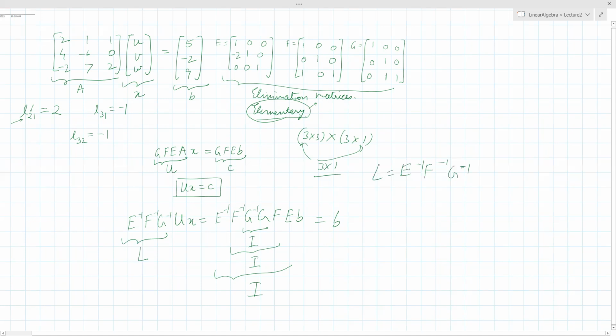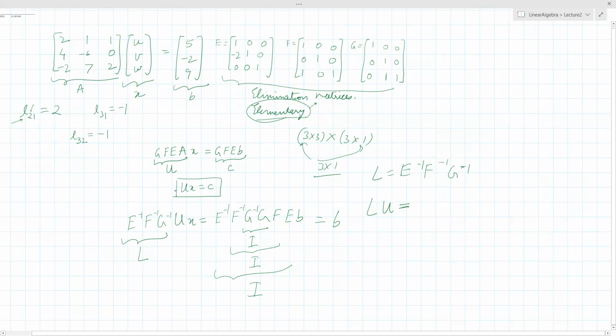So what about LU? What does multiplication of LU give you? Remember the definition of U. No, it won't give you 0. Look at the definition of U. U is G F E times A. Now G inverse into G is going to give you identity.